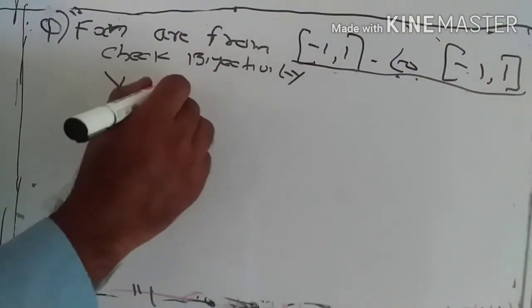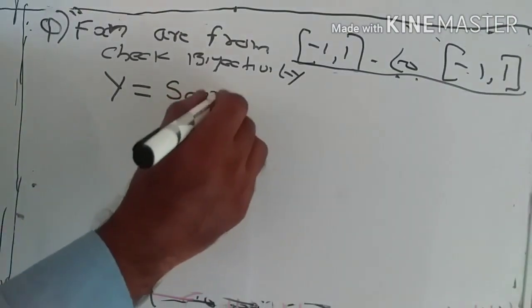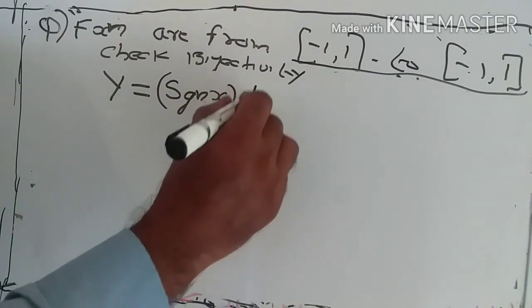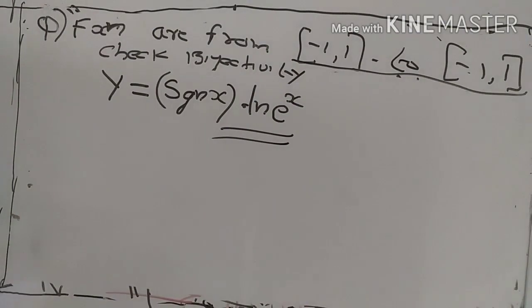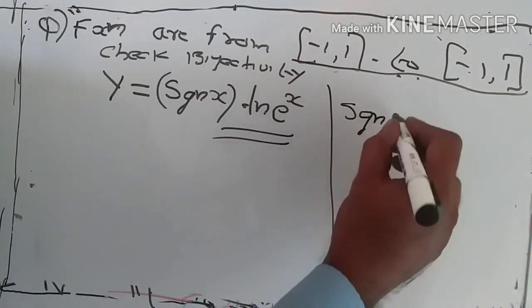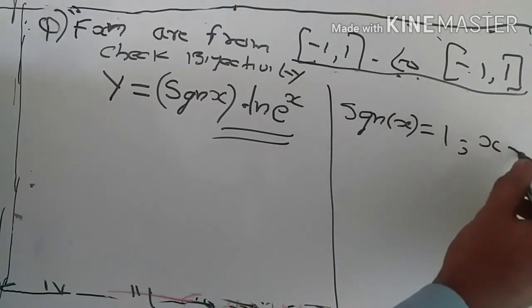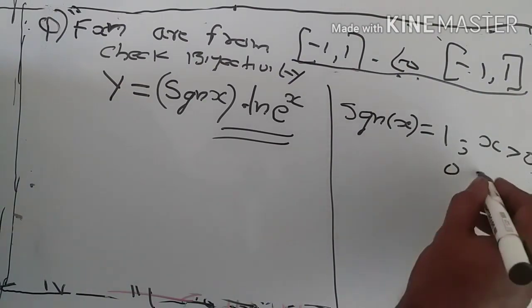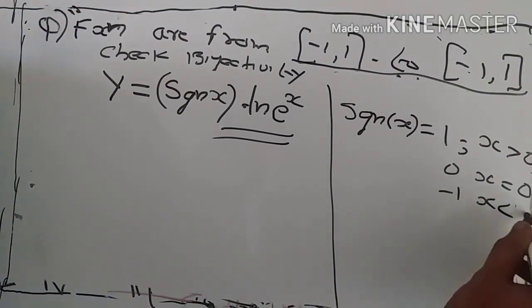Now consider x into signum x into ln e power x. What is the signum function? Signum of x is equal to 1 for x greater than 0, 0 for x equal to 0, and minus 1 for x less than 0.